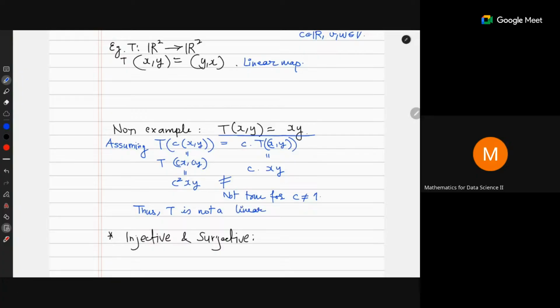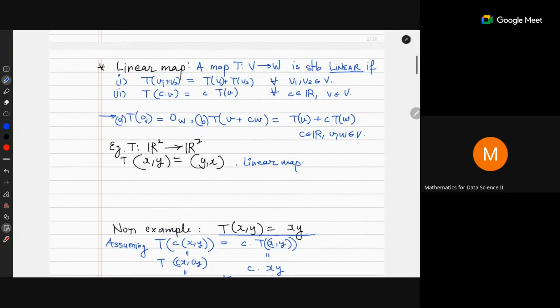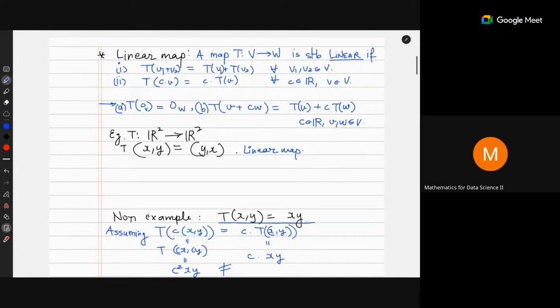All right. You can check the first property also, that it does not satisfy the first property. You take two vectors here, (x1, y1) and (x2, y2), and then you add them up. You will find out that it does not satisfy the property. The right hand side won't be equal to the left hand side.